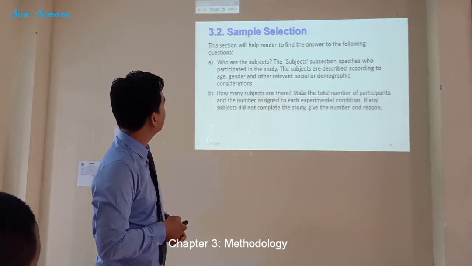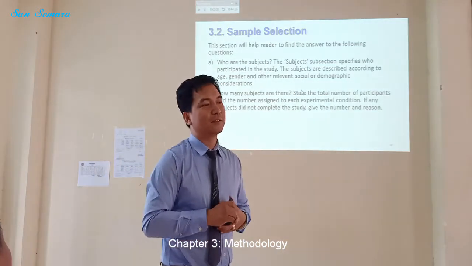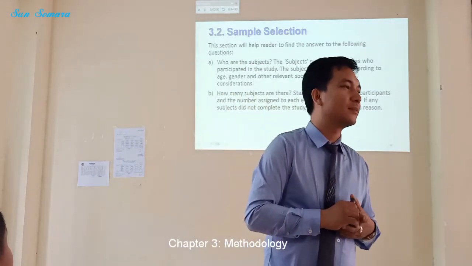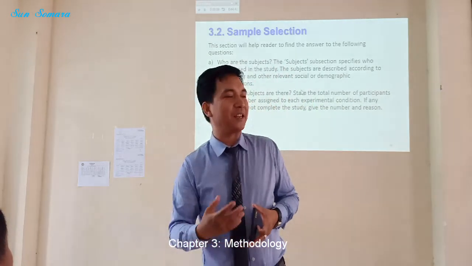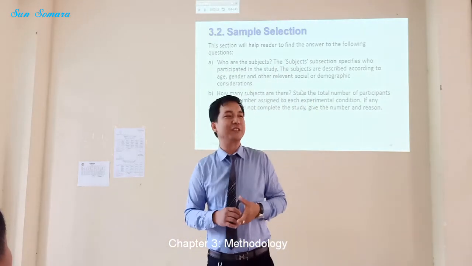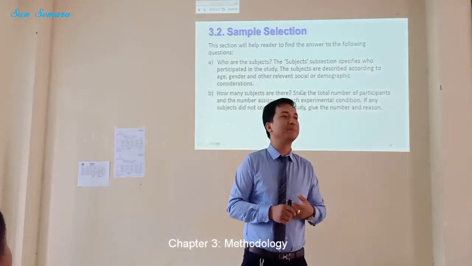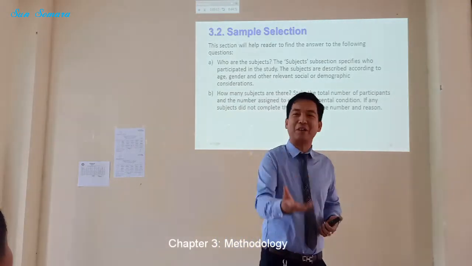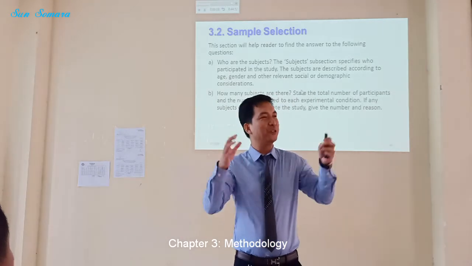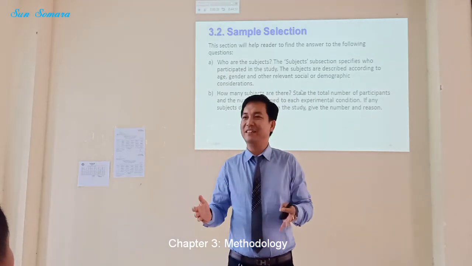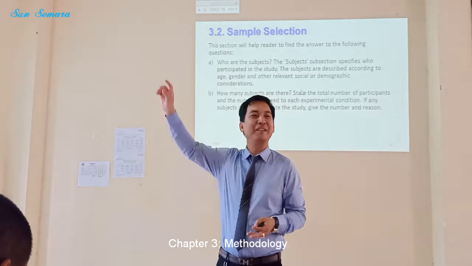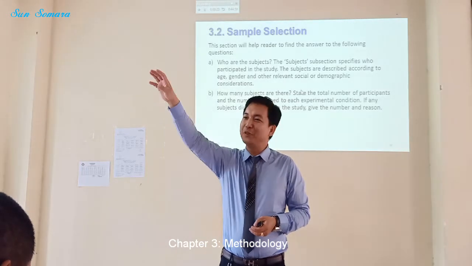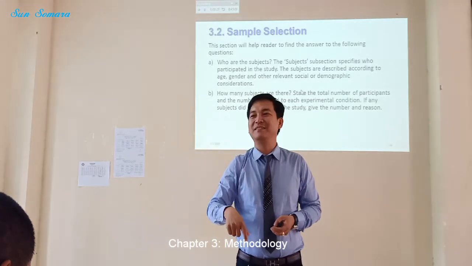For example, next, we're talking about sample selection. Sample, as you told me earlier, refers to someone who gives you information, right? Your respondent. So how do you select your respondent? For example, you conduct your research here. So should your respondent be someone from another university or someone here?